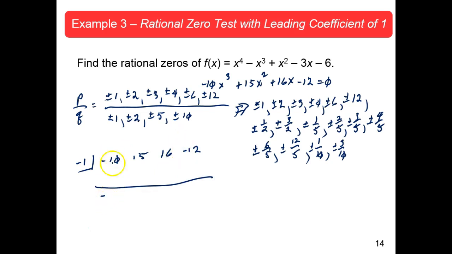And? Second? Negative 10. Bring that down. Second? Multiply what you get? 10. Second? And what you get? 25. This isn't looking good, is it?